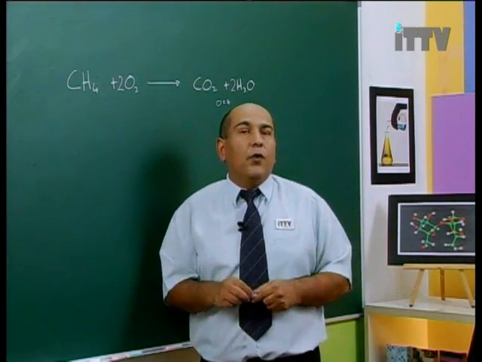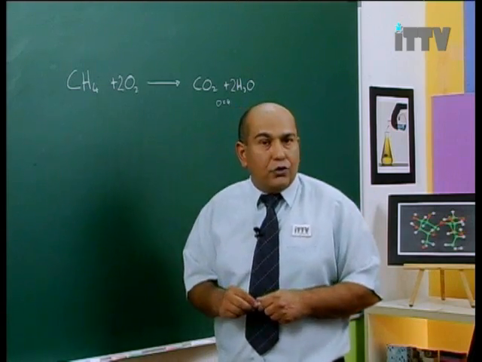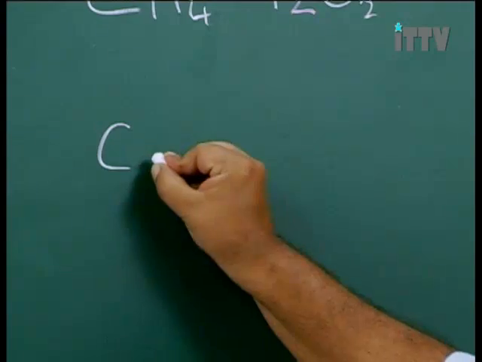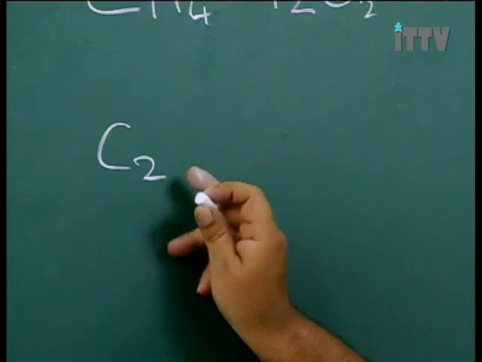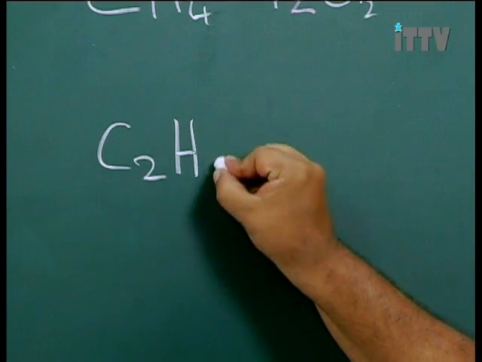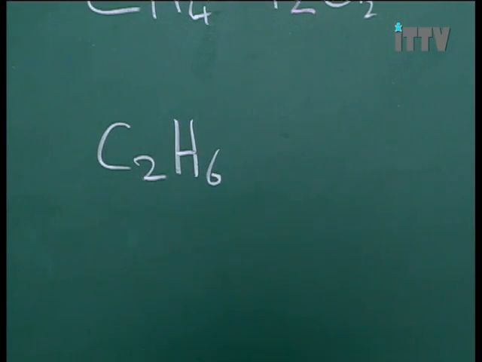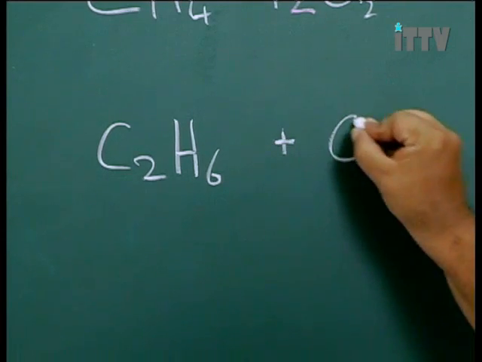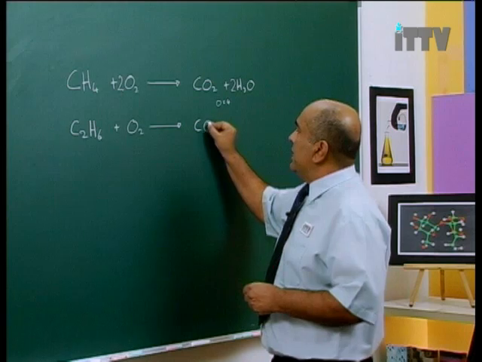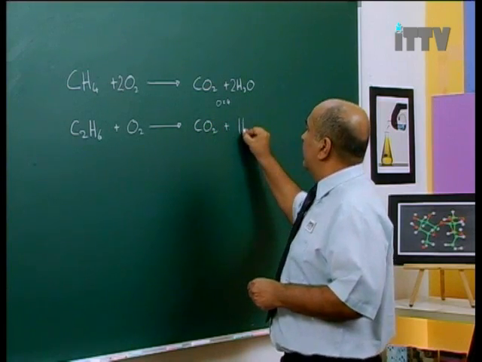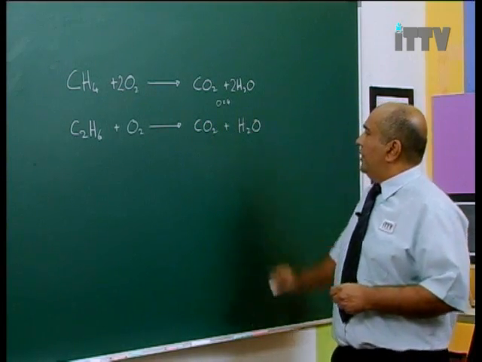Let's try for ethane. Ethane has got 2 carbons in it, so we get C2, remember, H double plus 2. So we get H6 plus O2 produces carbon dioxide plus water.